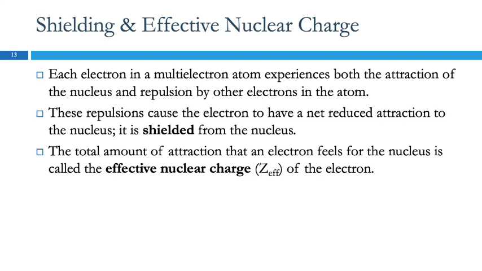The repulsions from the other electrons cause the electron to have a lower attraction to the nucleus. And so we say that it's being shielded from the attractiveness of the nucleus. If we look at the total amount of attraction that an electron feels for the nucleus, we can call that the effective nuclear charge of the electron.